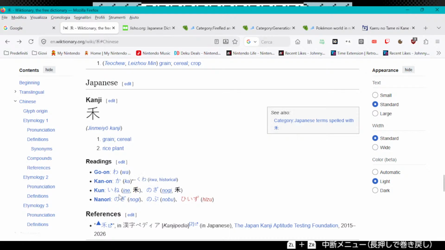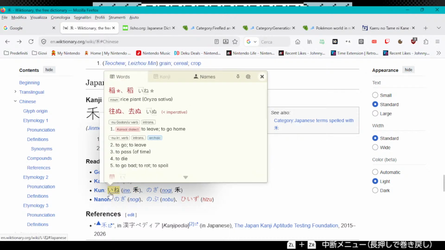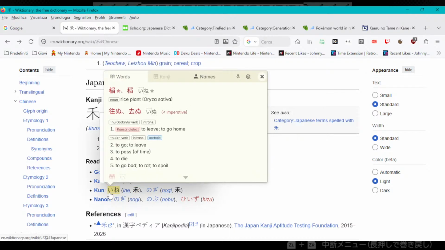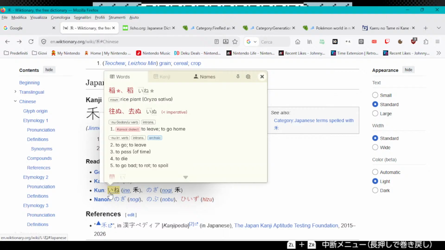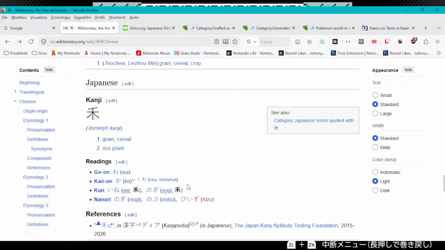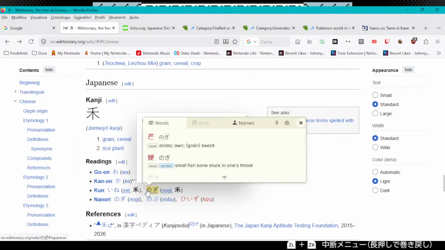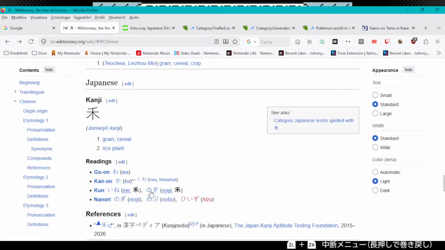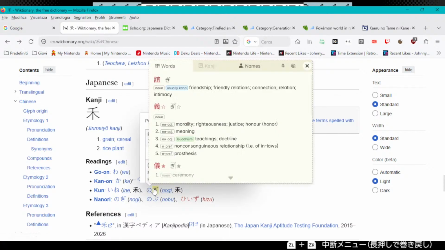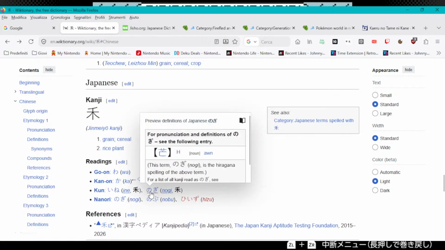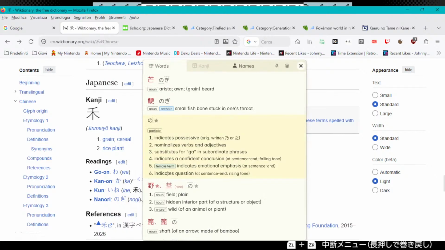Also there's that one. If we check out ine, accent on the first mora, that one is for the rice plant specifically, and usually uses another kanji. So just worth mentioning incidentally. Then we have this nogi, but not usually used. Wanted to show if we can.